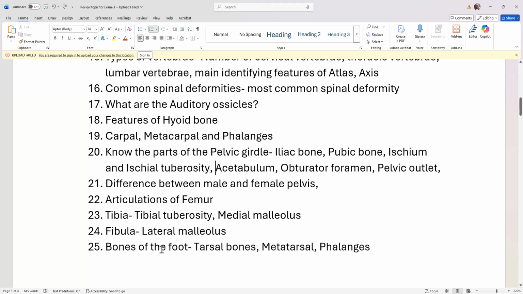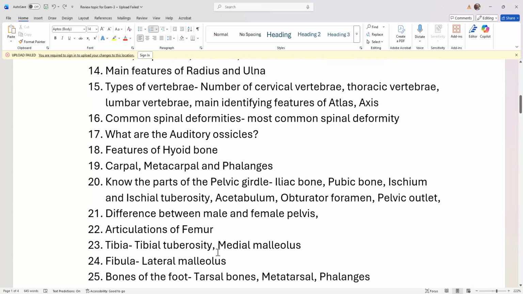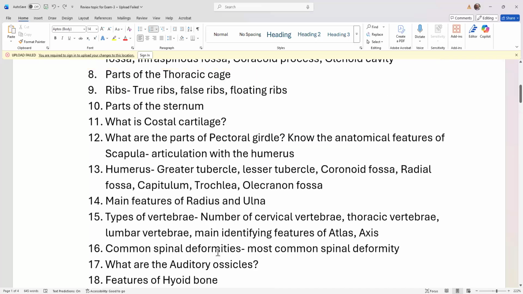You should know the bones of the foot, the tarsal bone, the metatarsal bone, and the phalanges. Especially in the tarsal bone, you should know the calcaneus. You should know how to identify the calcaneus, and attached to the calcaneus is the Achilles tendon. So that's the review for Chapter 8.